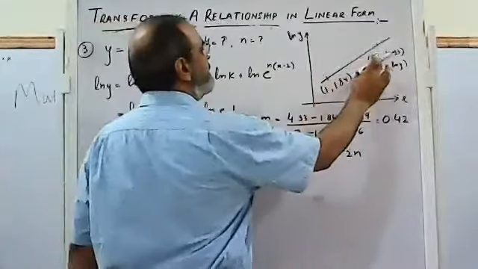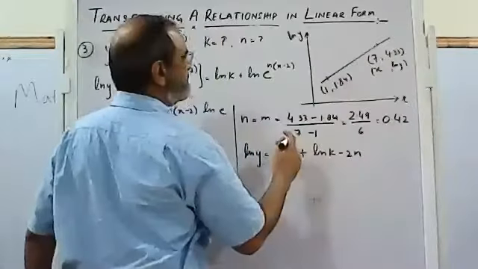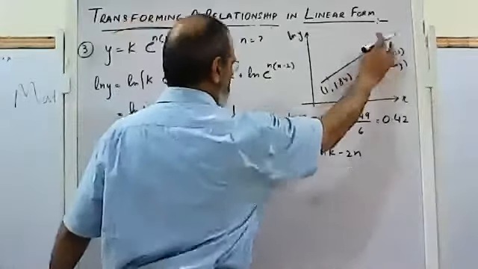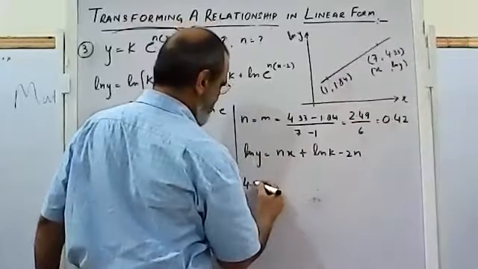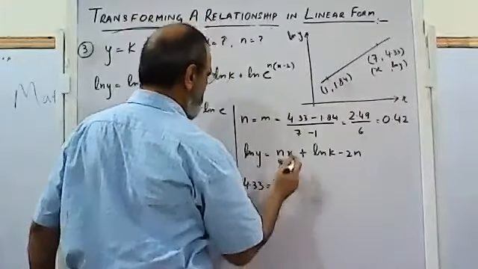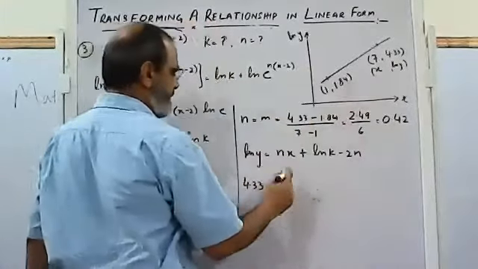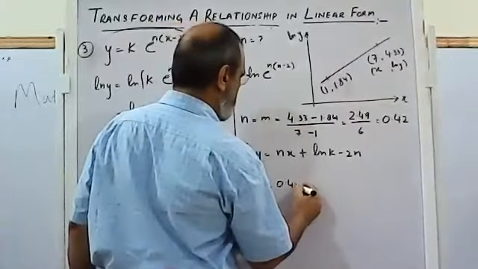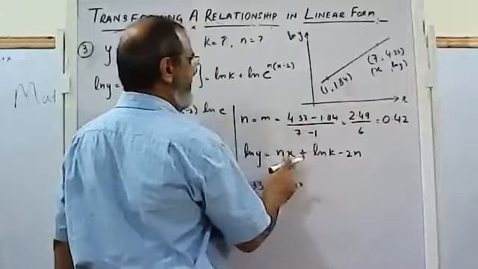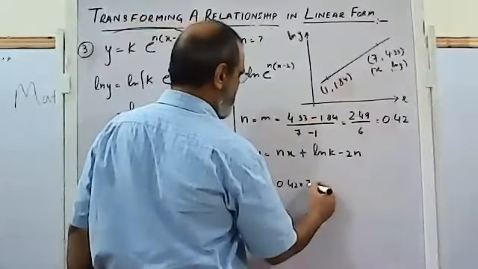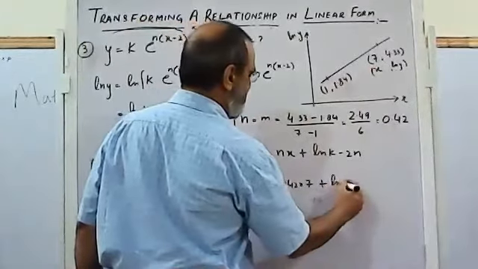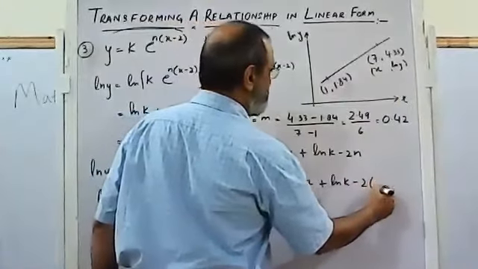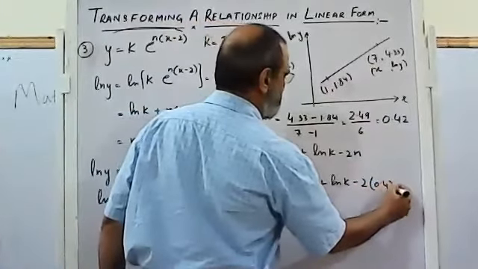If I pick the second point, ln of y is 4.33. It's your choice which point you use. The value of n is known to me, 0.42, into the value of x, which is 7, plus ln of k minus 2 into 0.42.